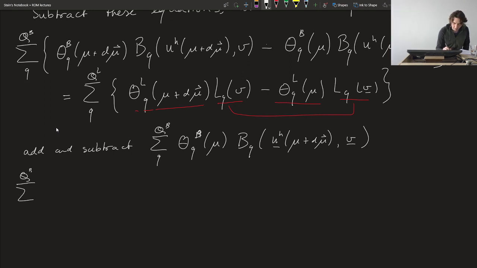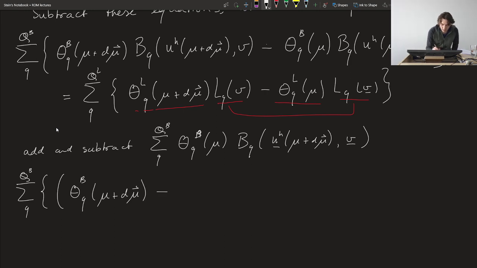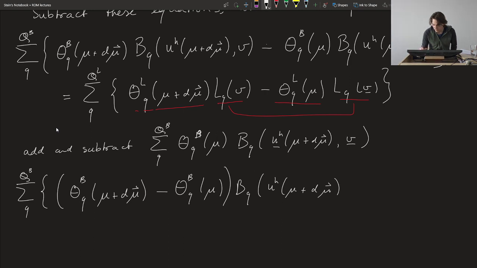I have again the sum of all those different affine components, and now I have, plus this guy, theta^{b_q} evaluated at mu plus that little jump, minus this term, theta^{b_q} evaluated at mu, multiplied by, well, in both cases that's the same, so b_q of u_h at mu plus d mu in the direction.